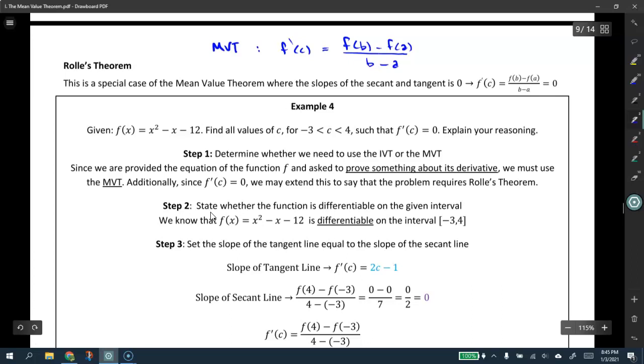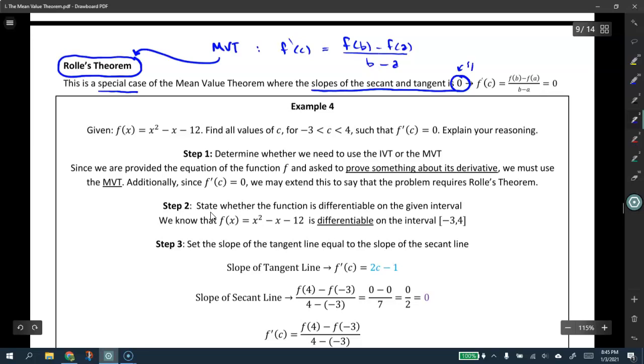So the special case of the mean value theorem, and I've rarely seen the AP exam refer to this specifically, but it's good to know what the name is. The name of this is Rolle's theorem. In this special case, you find the slope of the secant line, and you discover that the slope of the secant line is actually 0.